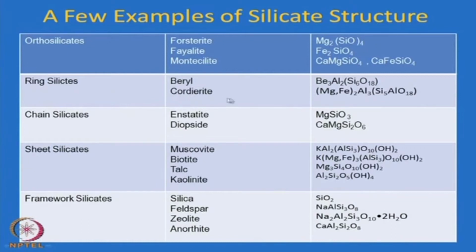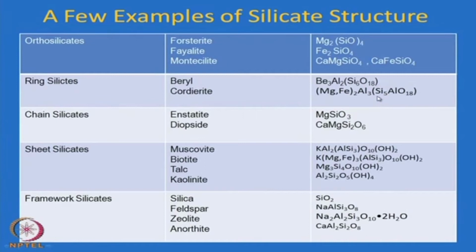And the next one is cordierite, once again a ring silicate, and here you can see there is aluminium. Part of the silica, you see Si6O18, in that you see again a 6 member ring, and part of it has been replaced by aluminium, and then other cations have been added. Okay. So, it has become Si5.